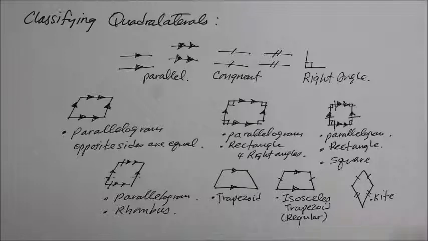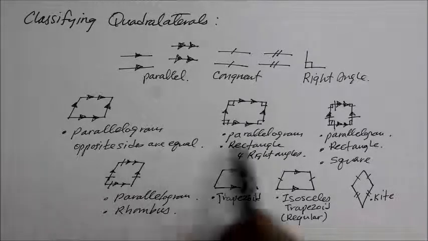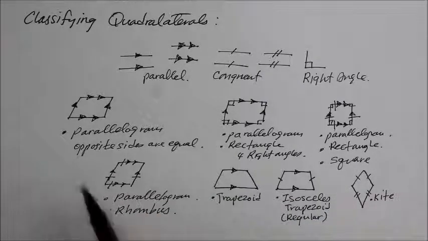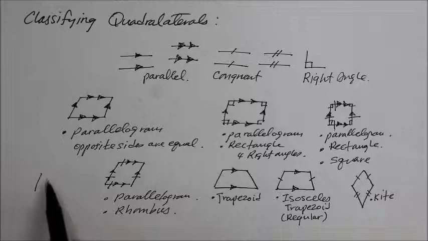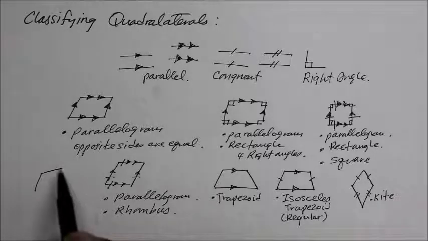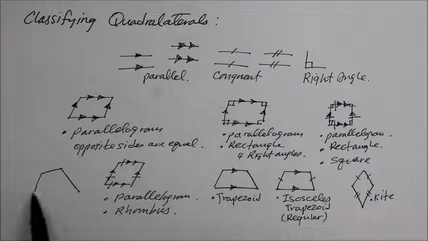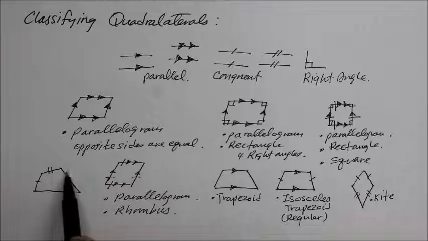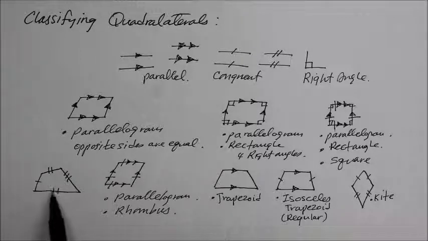That's a kite. And of course, if you have a quadrilateral that has none of these characteristics, only the fact that it has four sides, such as here's one, here's another, here's another, and here's another. So this is not the same as this one, which is also not the same as this one, which is definitely not the same as that one.